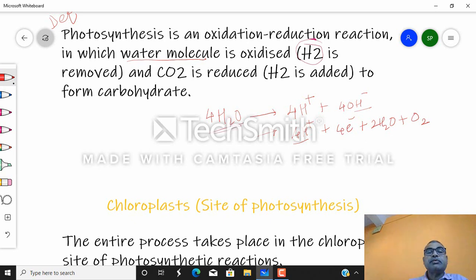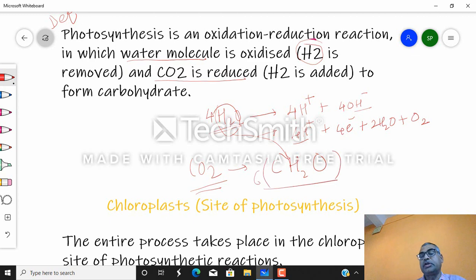And the next one, what is given? CO2 is reduced. Here CO2 is reduced to CH2O. Whatever H2 is removed from the water is added to the carbon dioxide and it is converted into carbohydrate.